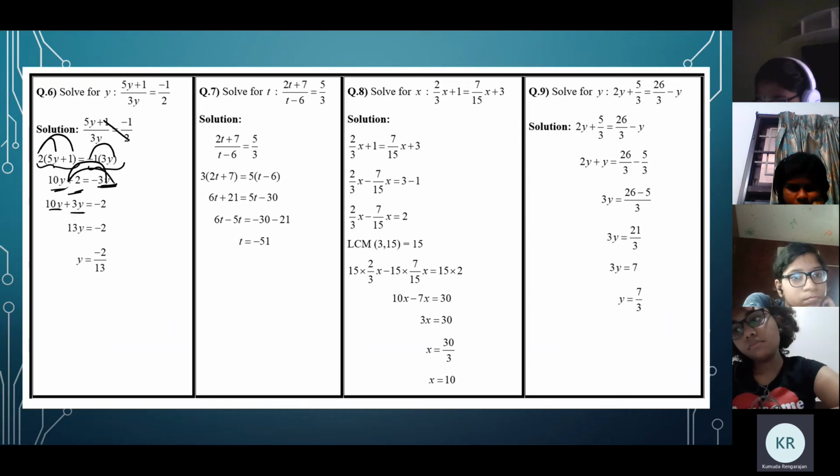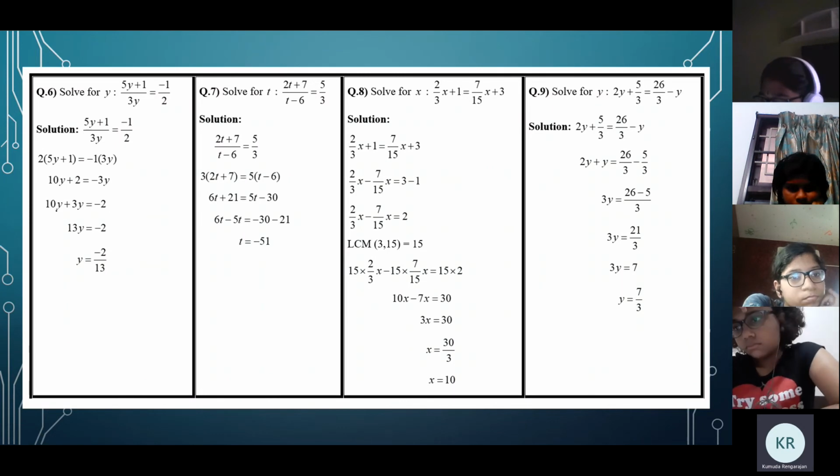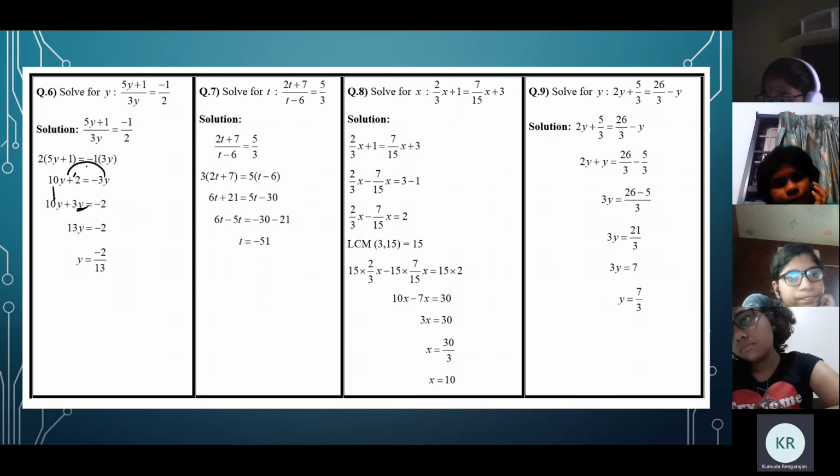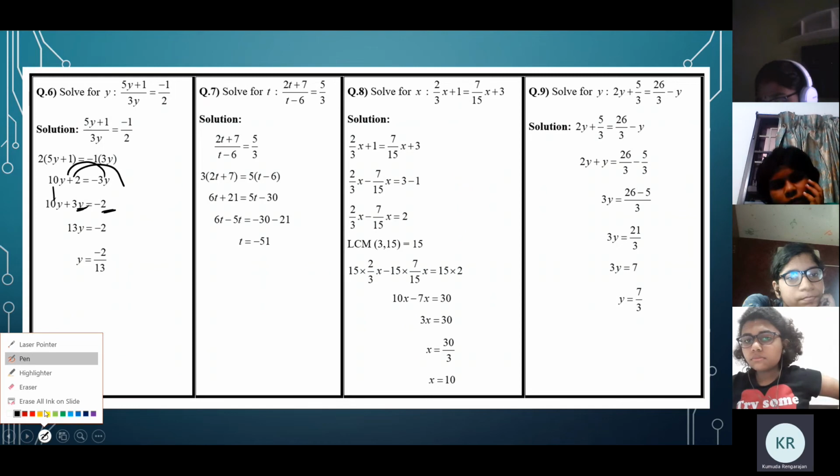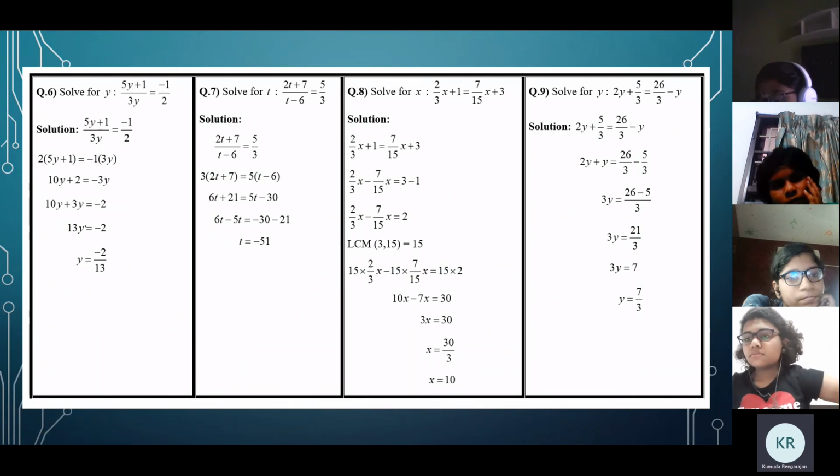Plus 2 will go to the other side as minus 2. Have the y terms on one side and the numbers on the other side. So 10y plus 3y is 13y. 13y is equal to minus 2. y is equal to minus 2 by 13.